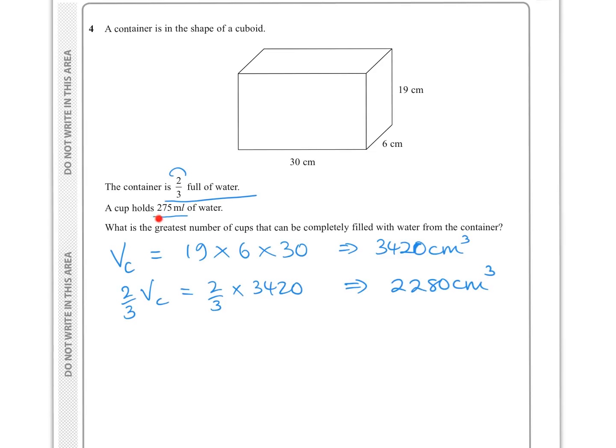Don't forget they're 275 mils each. So we need to be mindful that 1 mil is the same as 1 centimetre cube by volume. That's of water, that is. And so all we need to do is 2,280 divided by 275. So I'm going to do that now.